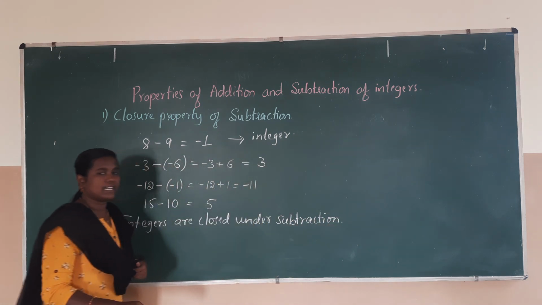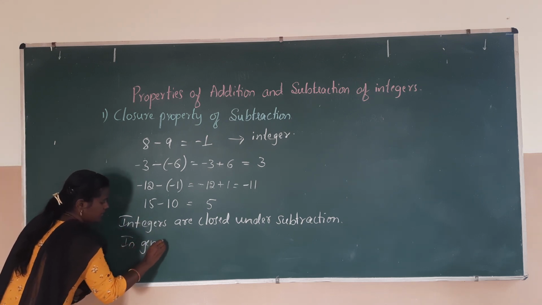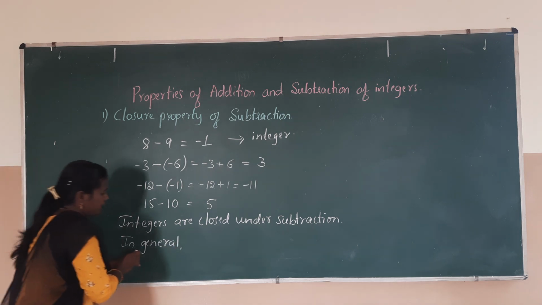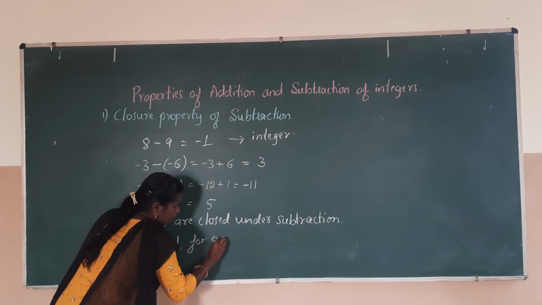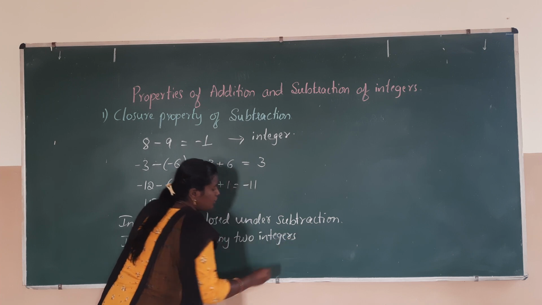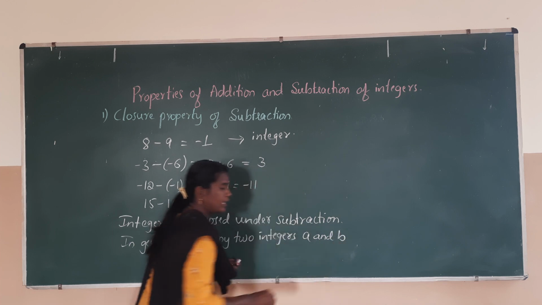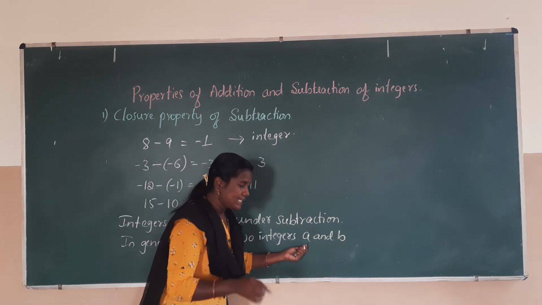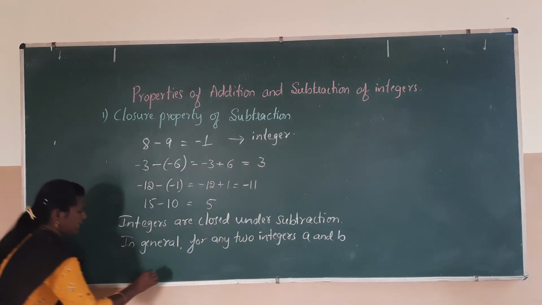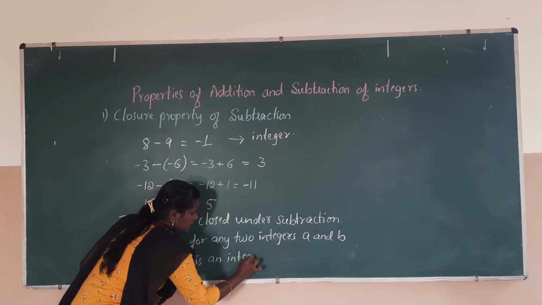Integers are closed under subtraction. So in general, for any two integers a and b, where a is one integer and b is another integer, a minus b is an integer.